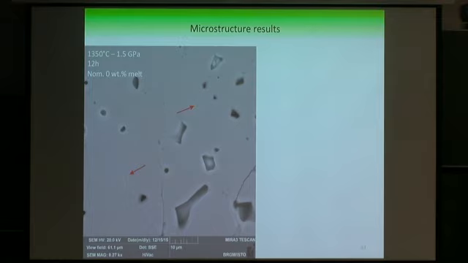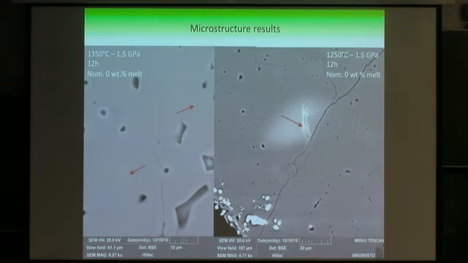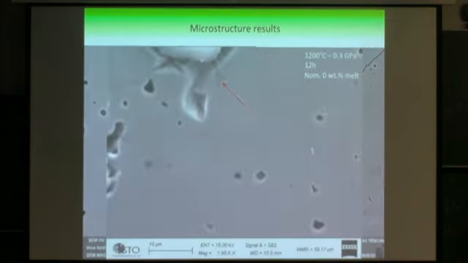So these nominally melt-free samples do contain melt, so they're not genuinely melt-free. And this was systematic. For another temperature condition, 1250 degrees Celsius, I found melt here. And for lower temperature and pressure conditions, I still found melt in these nominally melt-free samples.